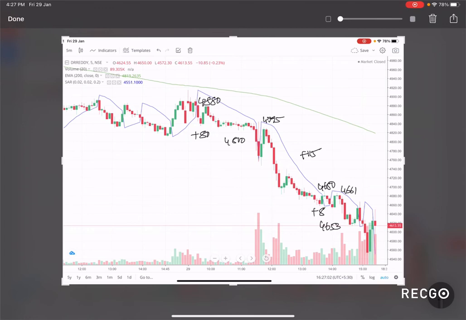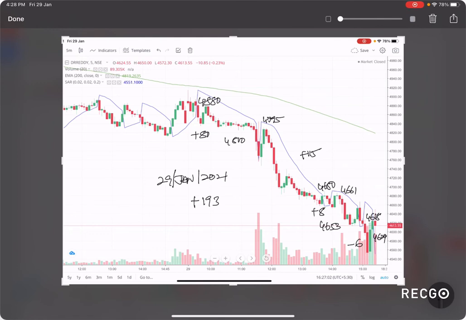Then the fourth trade is short around 4618 but exited around 4624, so it is a loss of 6 points. Altogether it is 195 minus 2, plus 193 points today, that is 29th January 2021.